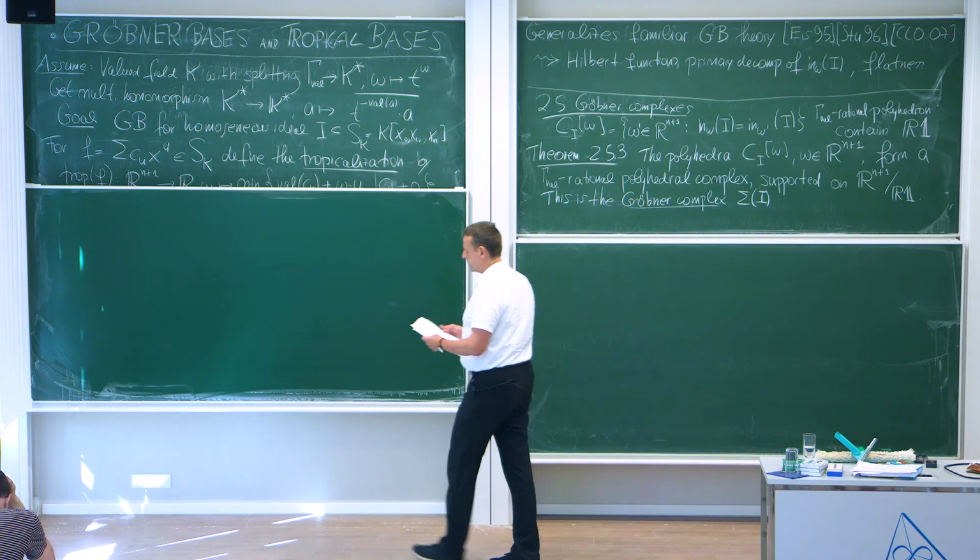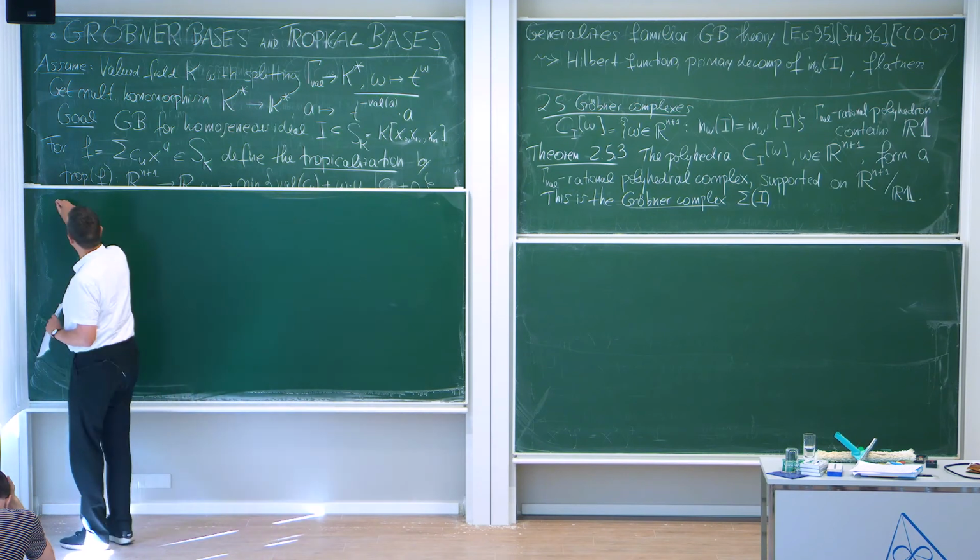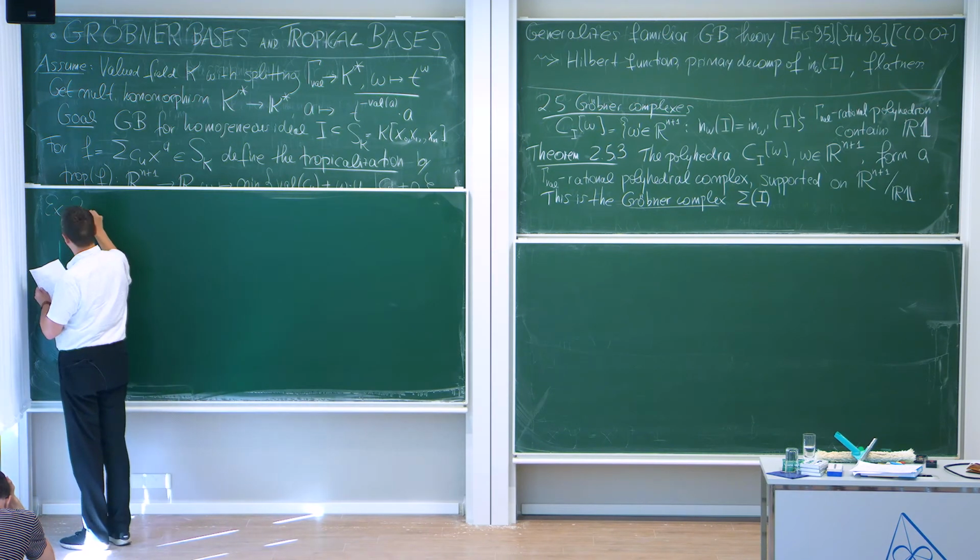So let's take a principal ideal in two variables. So this is example 2.5.9.